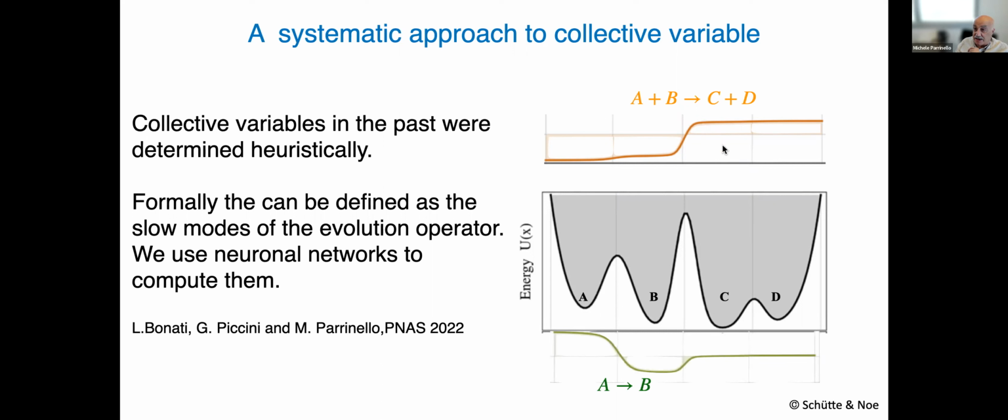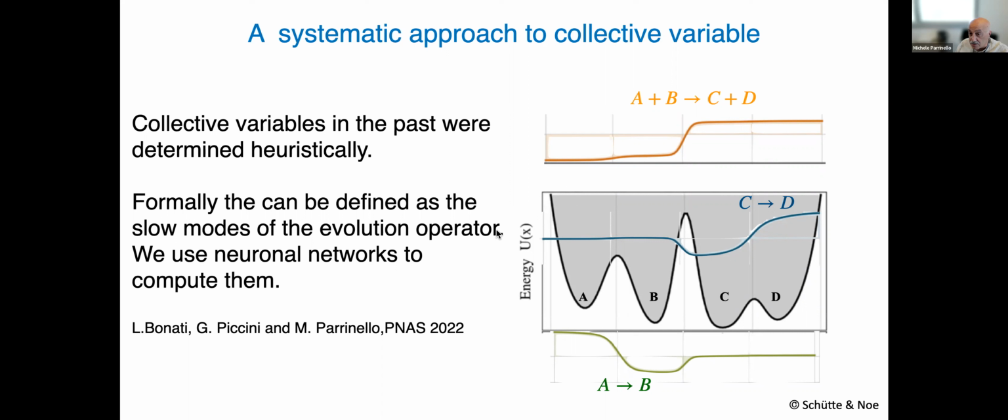Then the second mode will be associated to the second slowest variable, and that's it. And then we have the third mode, which is associated to the third variable. Okay, now you can use machine learning to determine these modes.